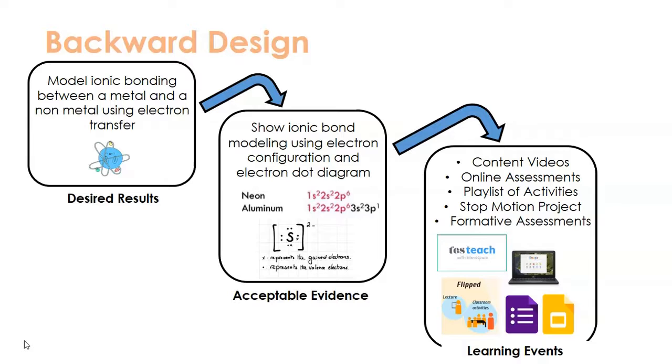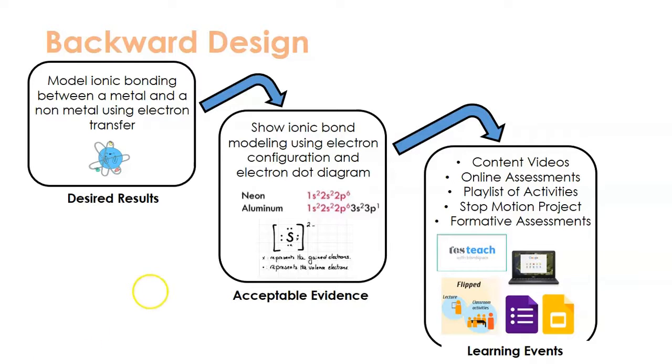Then I started choosing different acceptable evidence of how I'm going to model this ionic bonding between metals and nonmetals. The two things that I decided to accept as acceptable evidence: the first thing is electron configuration. We used that in our previous unit, and I thought that would be a good way of showing how ionic bonds can actually transfer their electrons through their electron configuration.